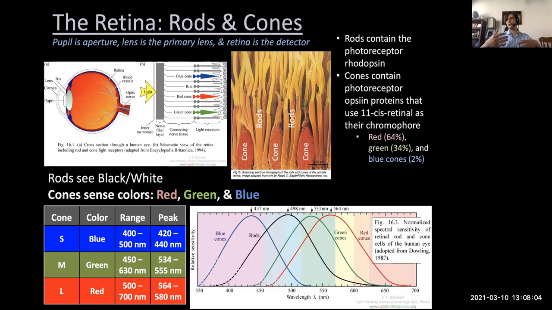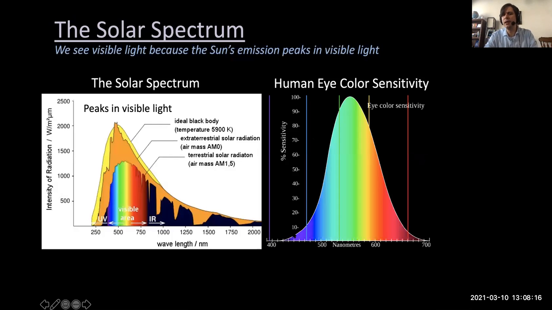That would be called a convolution, to see how sensitive we are to each individual wavelength of light. So what wavelength of light are we most sensitive to? What color is easiest to see? That's what we have over here. This is the sensitivity, and we're most sensitive to green light at about 550 nanometers, which is exactly where the solar spectrum is peaking.